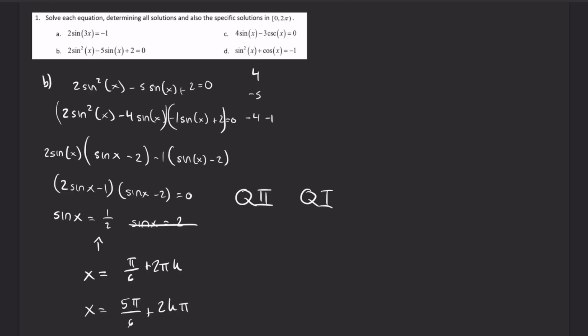I wrote them differently, but it doesn't matter, same thing. And these are both solutions in 0 to 2 pi as well. So you could write this as x equals pi over 6 and 5 pi over 6 if you were asked for just those two solutions, or infinitely all solutions.